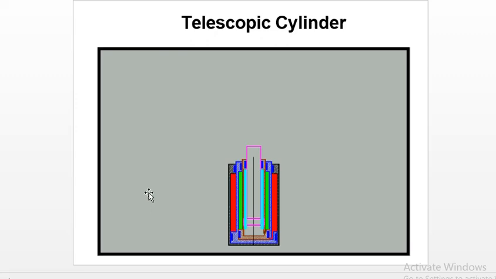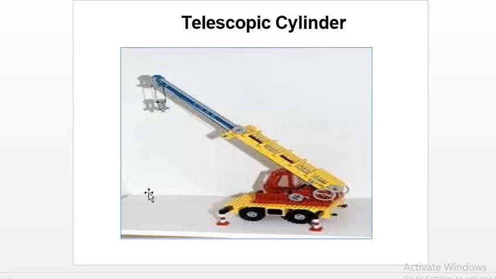From a smaller length, a larger stroke length and a larger load can be handled by means of the telescopic cylinder. One of the applications of the telescopic cylinder, as I told you, is in cranes and trucks. One after another the cylinders move, and it will develop a larger force.